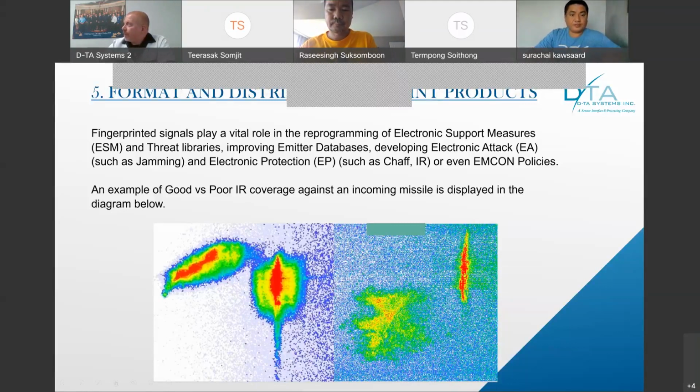So to the left here, what you are seeing is a good representation. This is because of good ELINT fingerprinting that you're able to mimic the size and the IR signature of the ship itself.